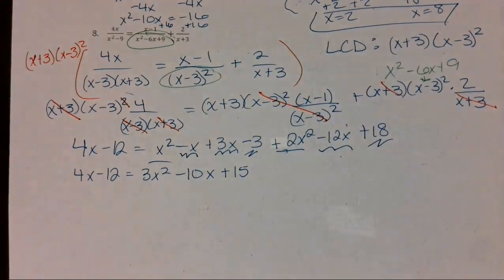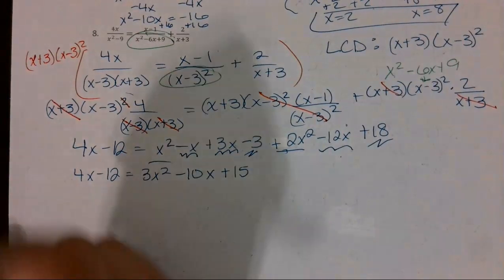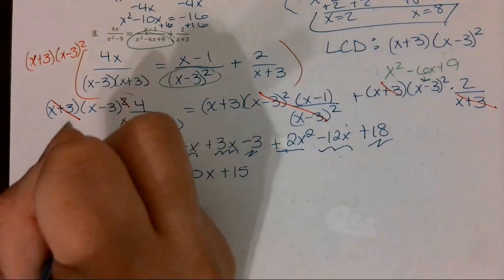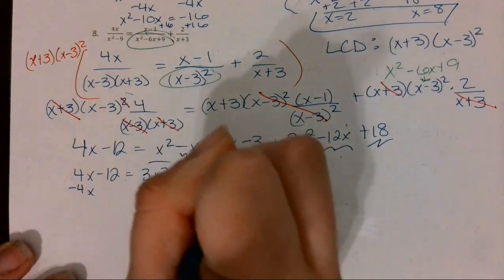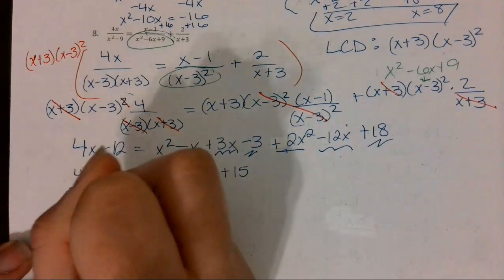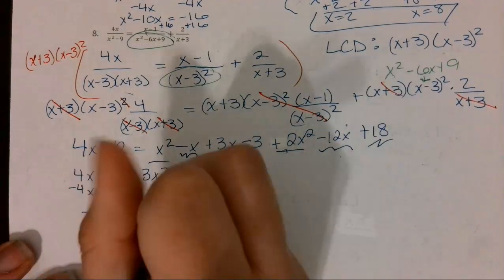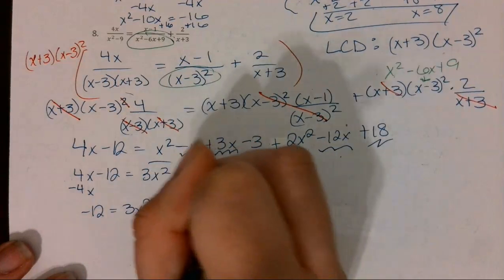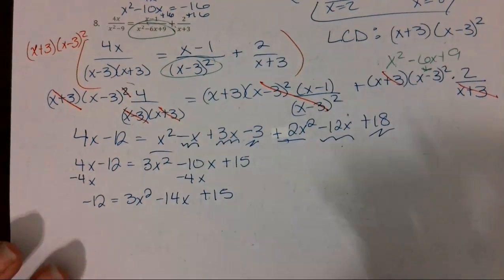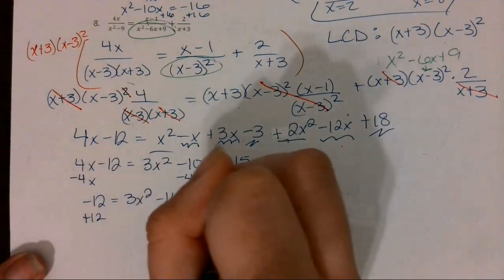I want to get all my terms over to the same side, so I'm going to subtract 4x on both sides. Then I want to add 12 to both sides.